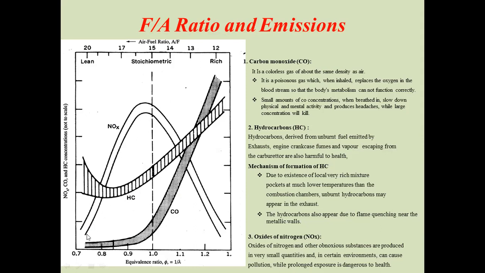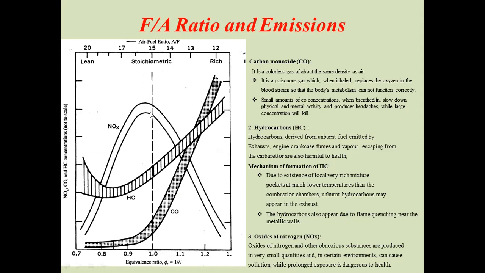For oxides of nitrogen, in lean conditions at low load, the temperature in the compression and combustion chamber is low, so the oxides of nitrogen are very low. But as the temperature increases with complete combustion and near the stoichiometric air condition, we get better combustion, so automatically the oxides of nitrogen increase.